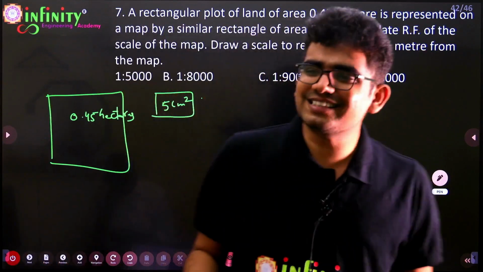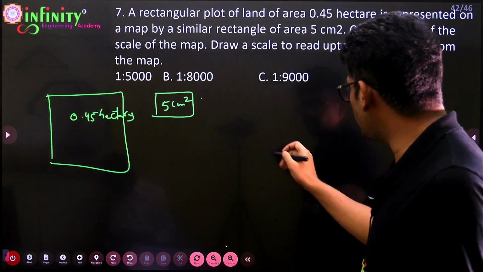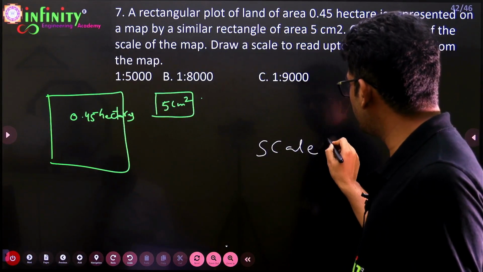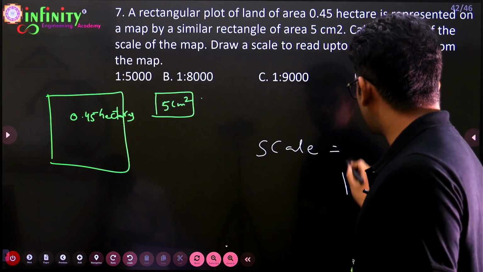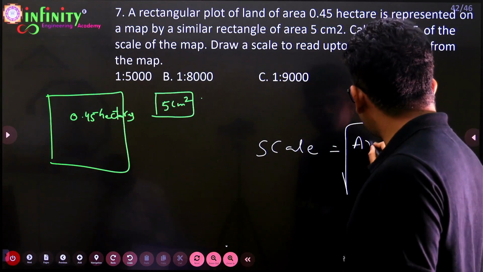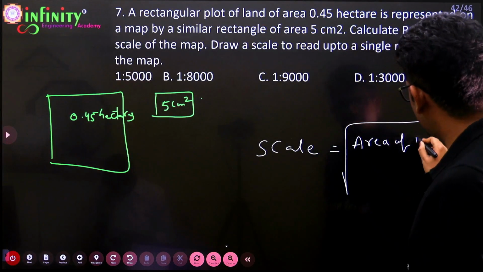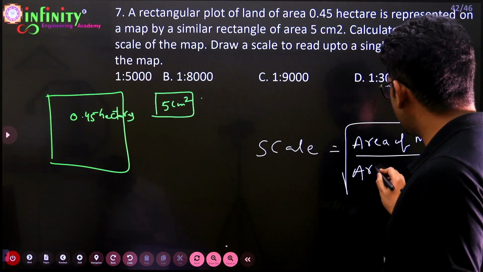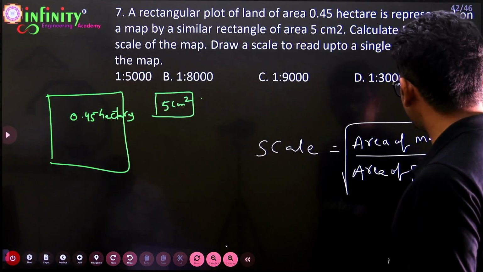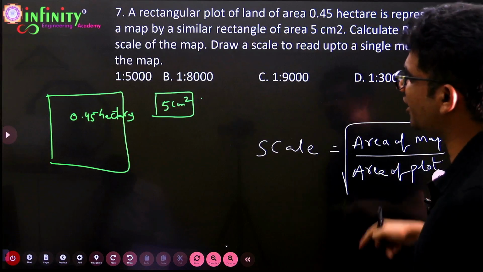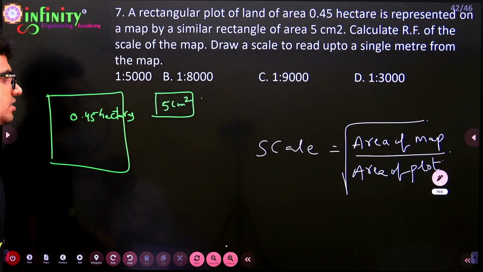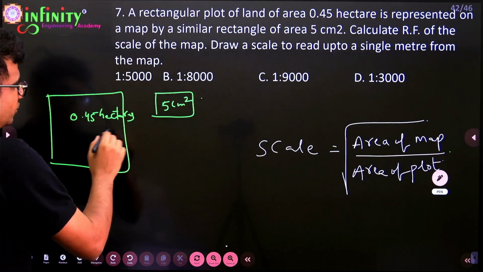So now in this case, basically how to do the problem is: scale equals root of area of map divided by area of plot. But here the units are given as 0.45 hectares, so let us convert that into centimeters.